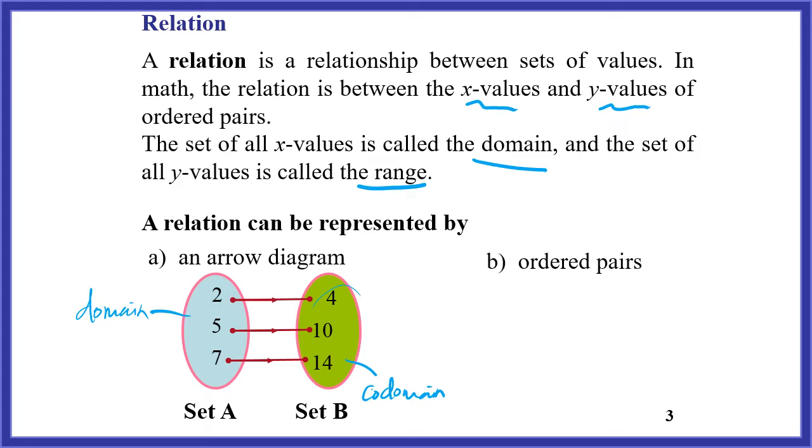The second one, ordered pair. So another representation is ordered pair. So this is what we use. We found it in the geometric coordinate in modern mathematics. So this is an x, this is a y value. And a graph.